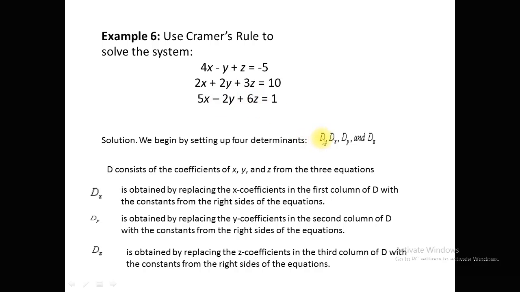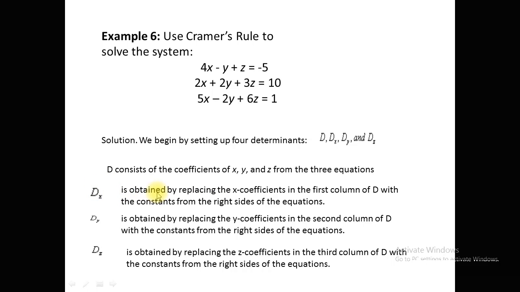coefficient matrix, which is represented by D, the new determinant Dx, determinant Dy, and determinant Dz. Since I have already told you how to construct D, it consists of the coefficients of x, y, and z from the three equations, and how to obtain the Dx determinant.